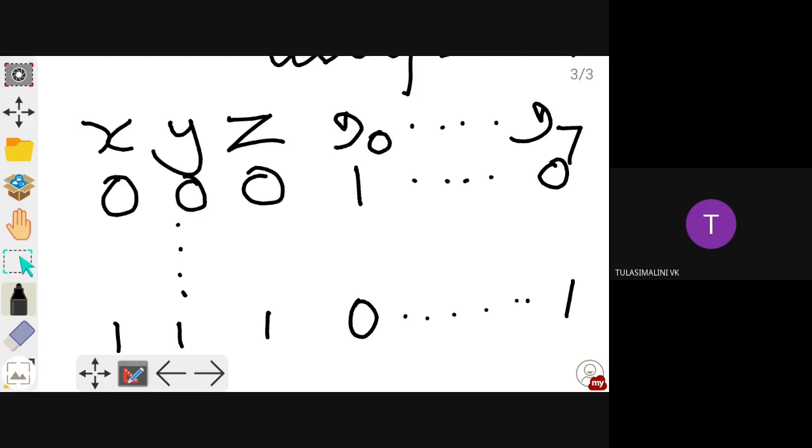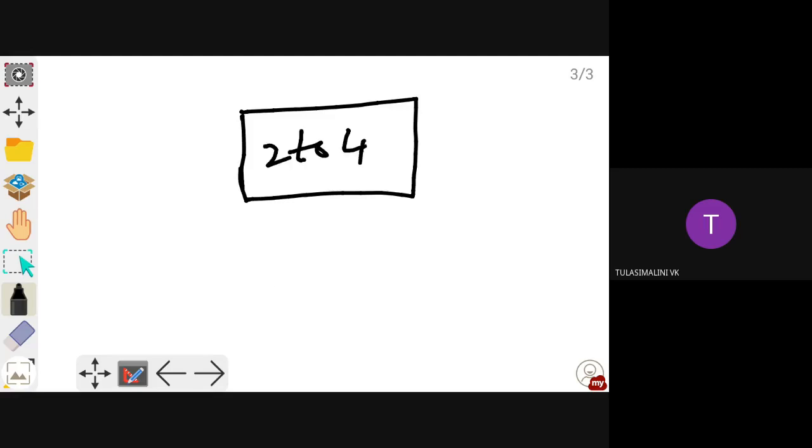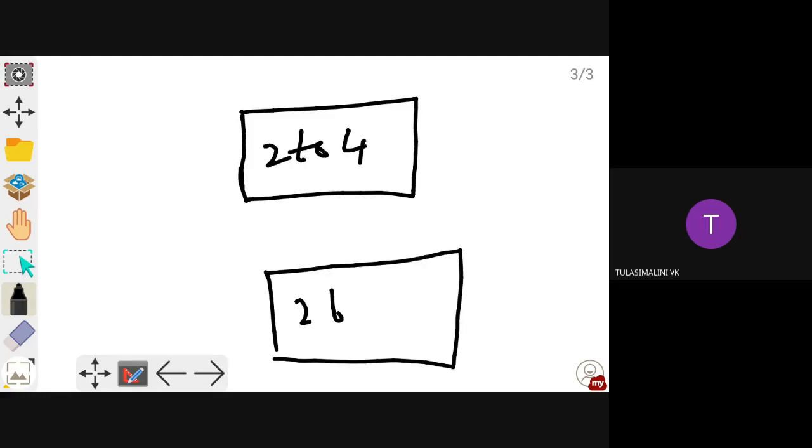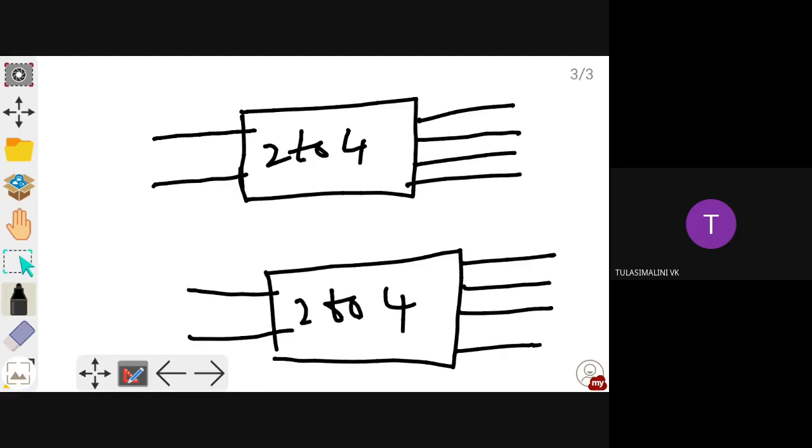So I am going to use two numbers of 2 to 4 line decoder. 2 to 4 line decoder, one 2 to 4 line decoder and another 2 to 4 line decoder. So you give 2 inputs and you get 4 outputs.